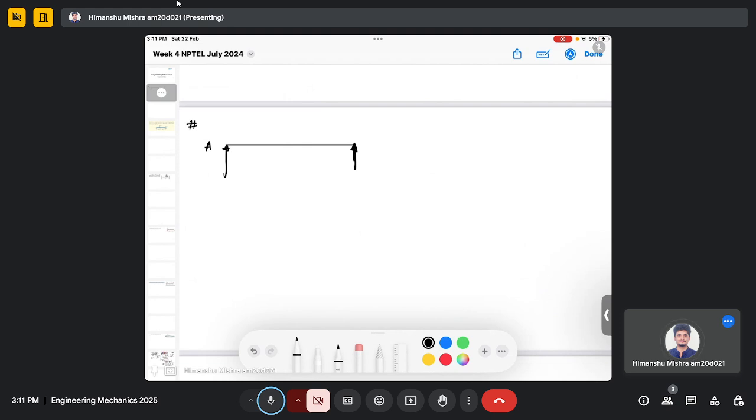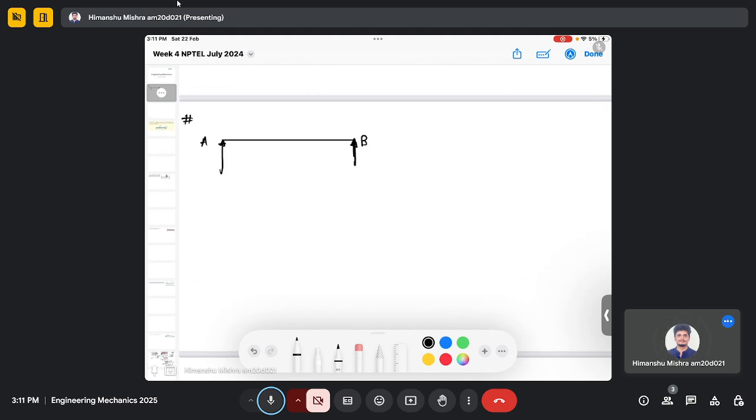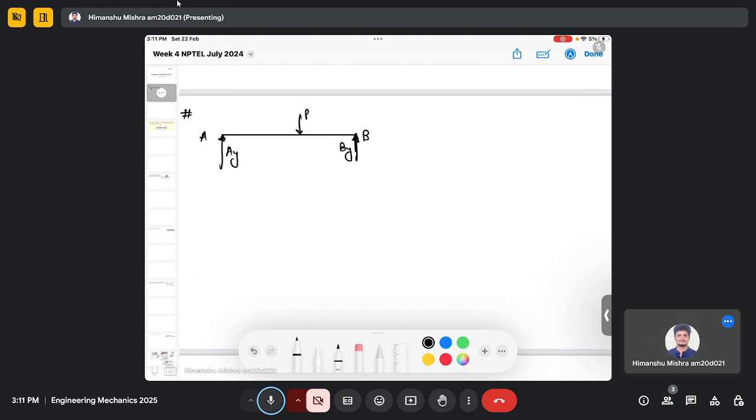Here it is A, this is B, and this is the external force which is acting, P. Let's say this is my AY and this is BY. This is A and this is B.